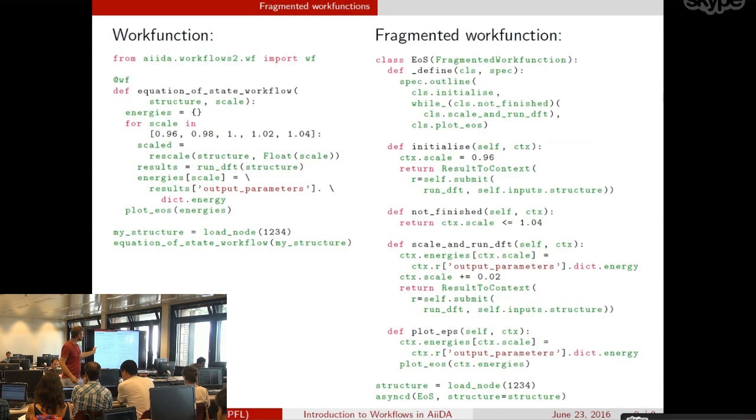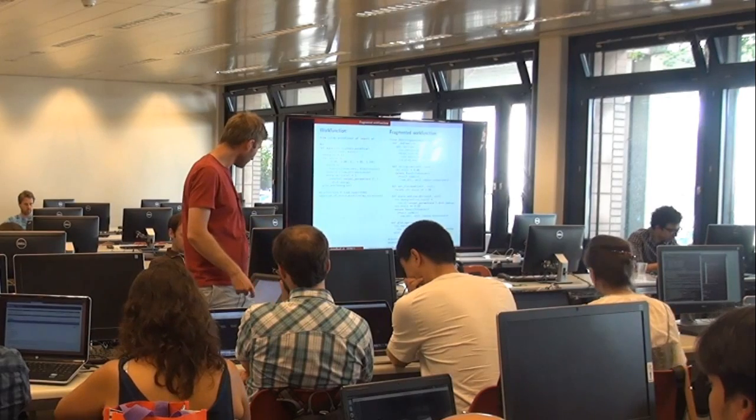One thing we try to do is make it as easy as possible to go from one to the other, so that you can write it as a work function and then change it to this class-based fragmented work function that you can really run in high throughput mode, because it's unrealistic to expect that you'll keep running your computer all the time. You'll need to shut it down, or things might happen. You might need to continue.